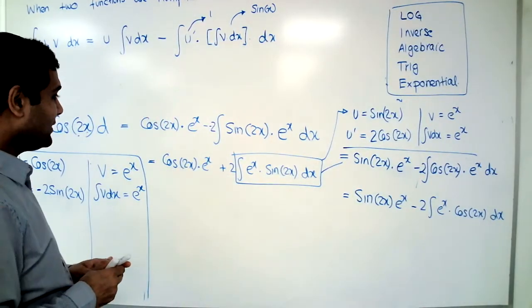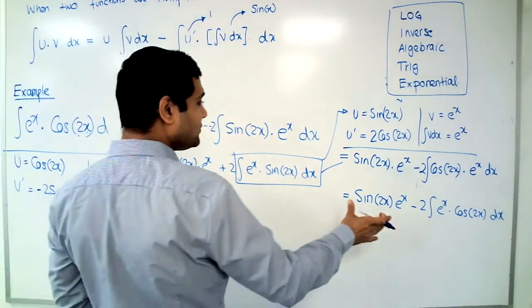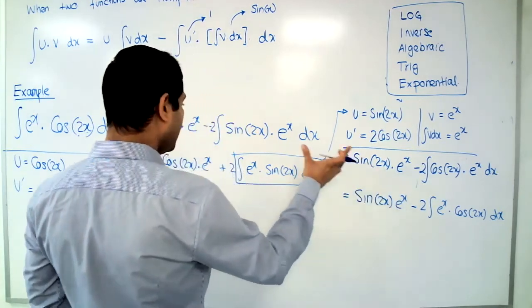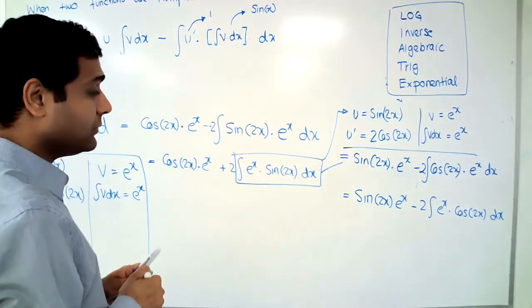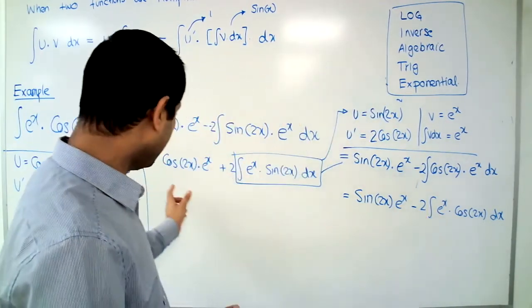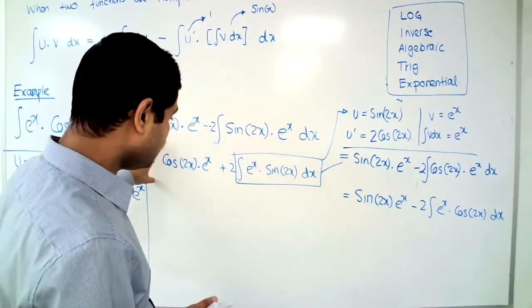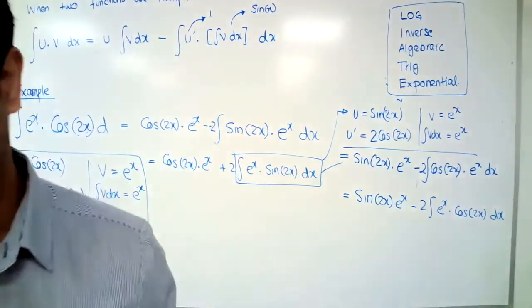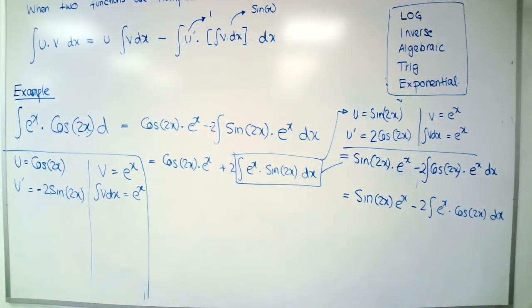Now, when we got this bit, let me first write this thing here, or the integration of this thing is already here. So I can just put that one back.